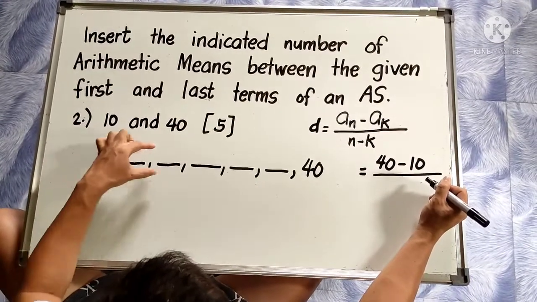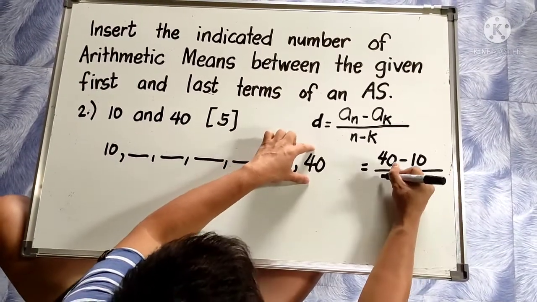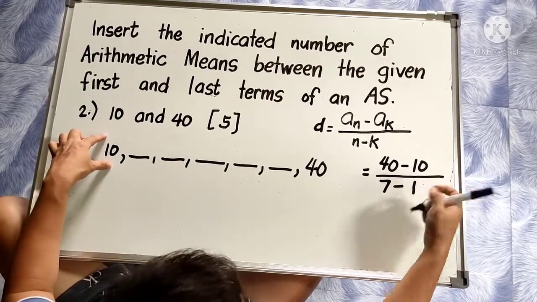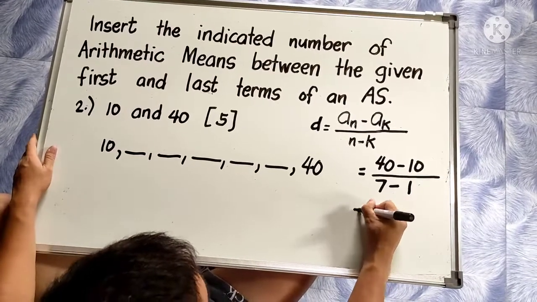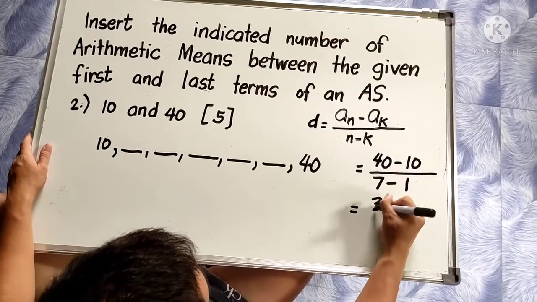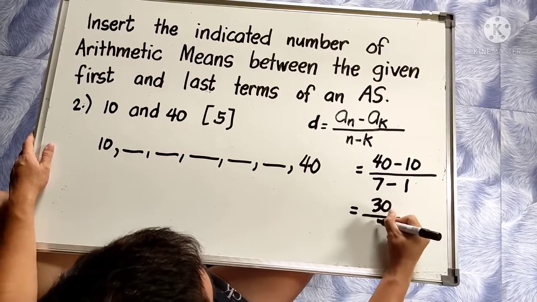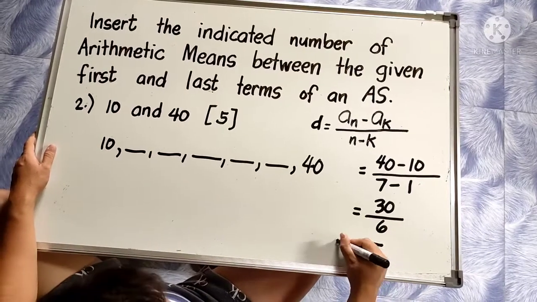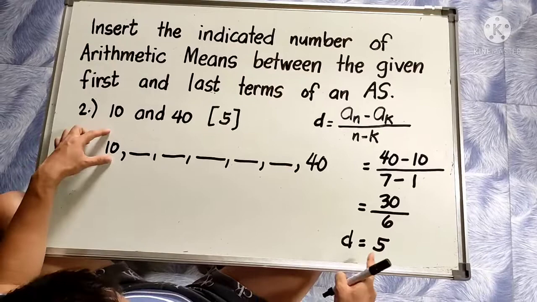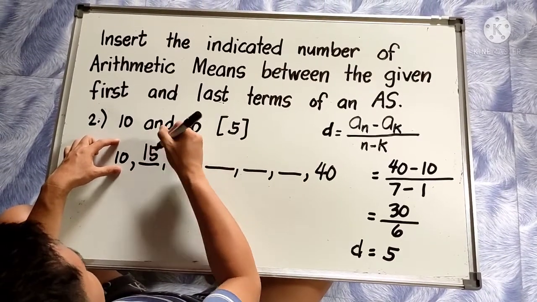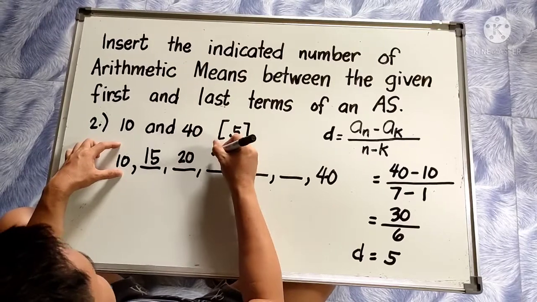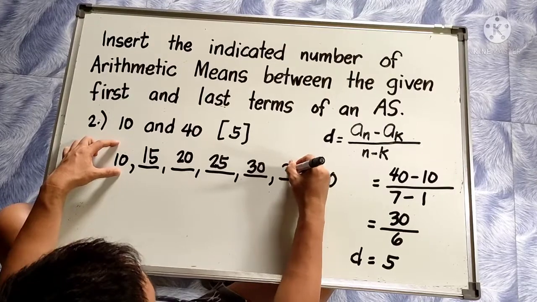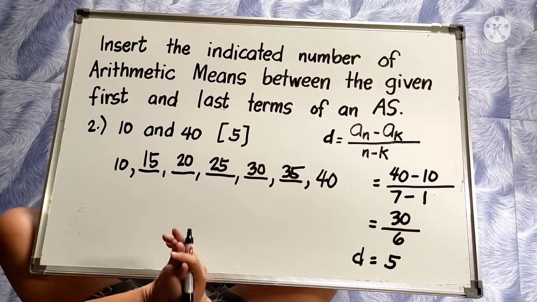You count 1, 2, 3, 4, 5, 6, 7. So 40 is the 7th term. Minus 1, which is for the first term. So you will have 40 minus 10 is 30, all over 7 minus 1 is 6. 30 divided by 6 is 5. So 5 is your common difference. 10 plus 5 is 15, plus 5 is 20, plus 5 is 25, plus 5 is 30, plus 5 is 35. So that is for number 2.